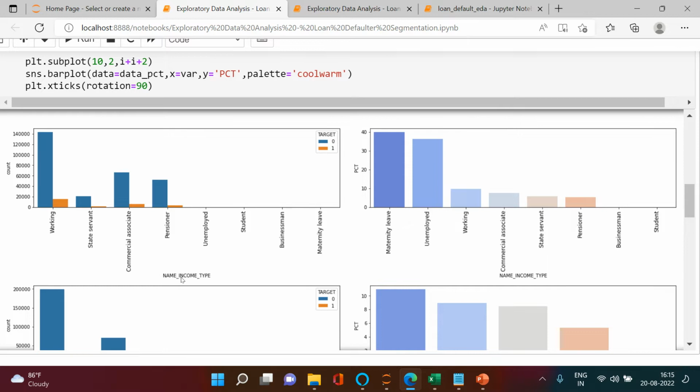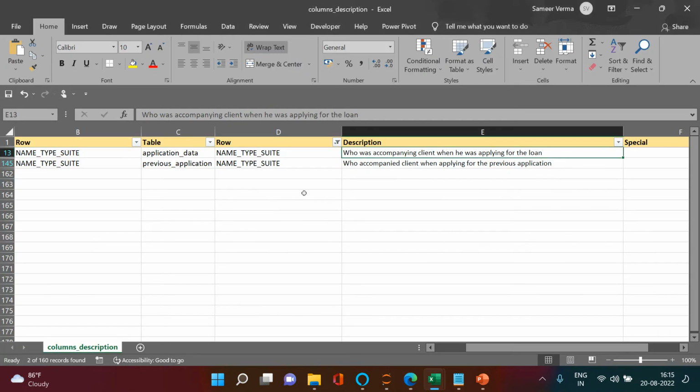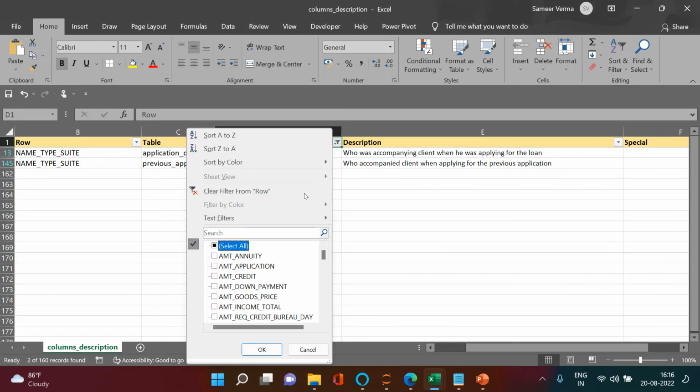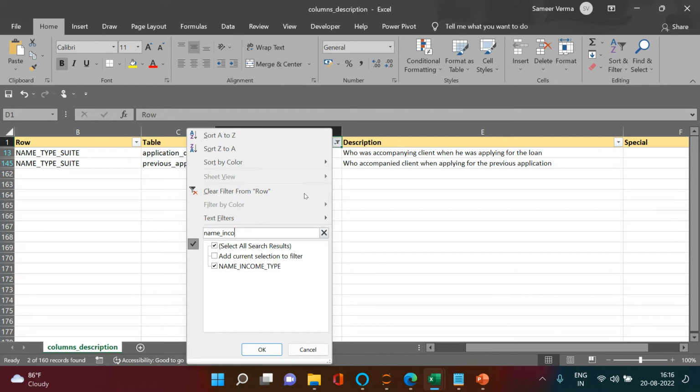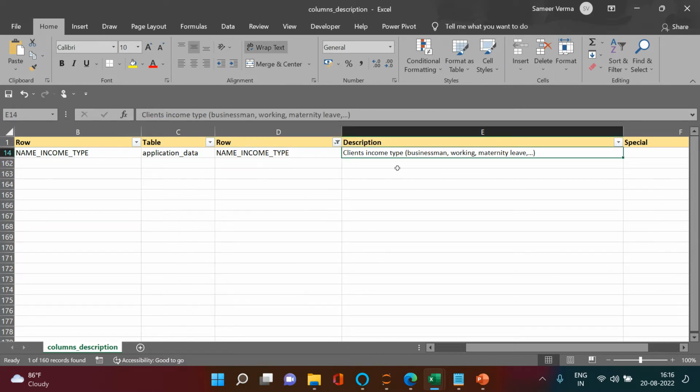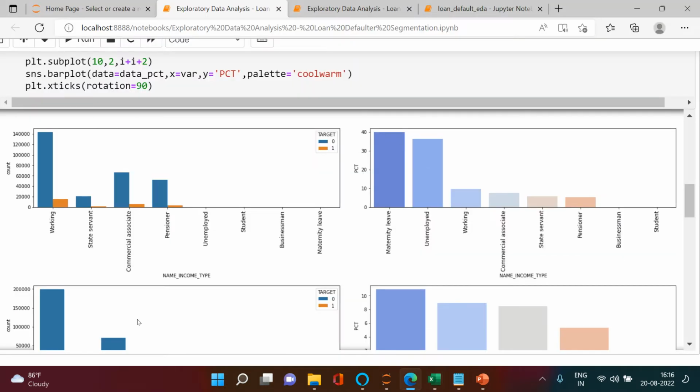Next one which we have is name income type. What is the source of income they are getting? Let's have an exact look at the definition of this variable, name income type. It says client's income type, whether he is a businessman, working, or on maternity leave. So at the time when the client was applying for the loan, what was the income type?